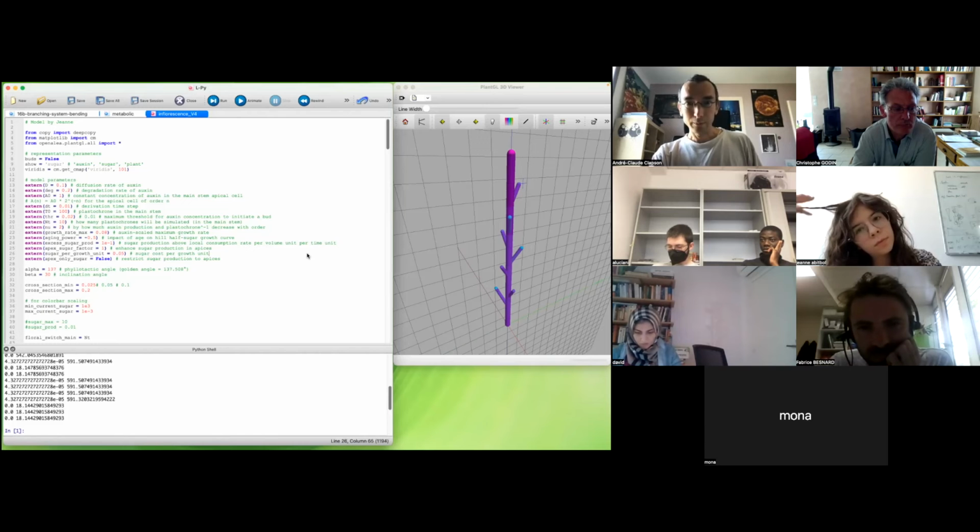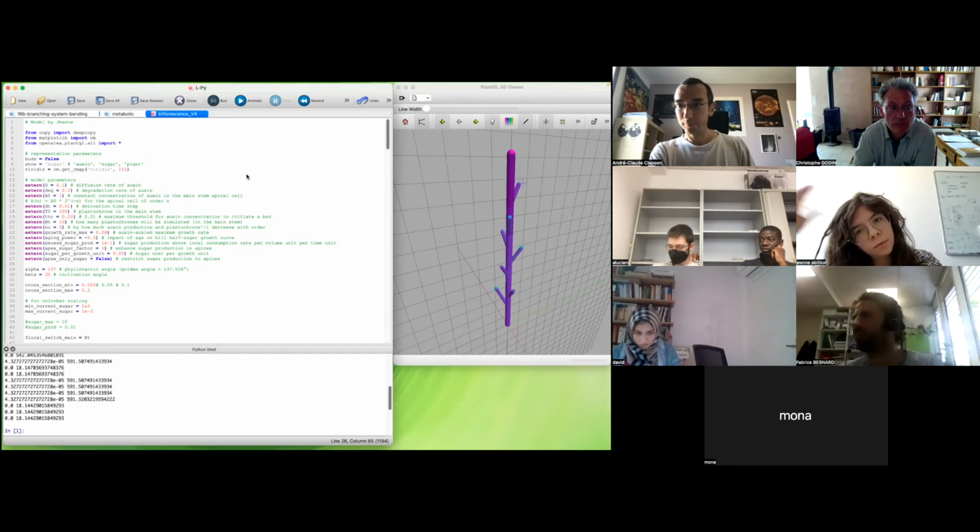And now I'm going to show you what happens if we allow sugar production everywhere, in every internode. That's pretty much all there is, but it illustrates how much you can change the end pattern shape.